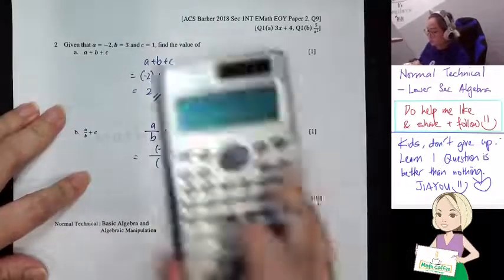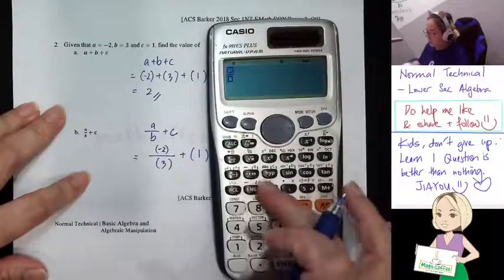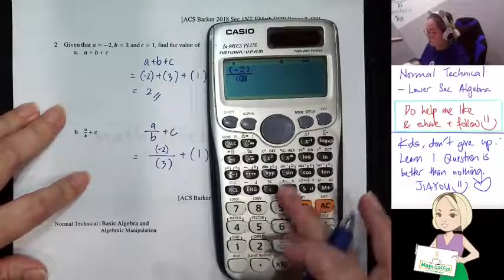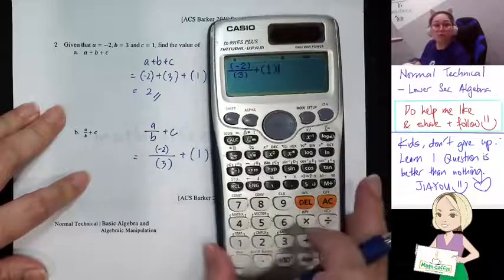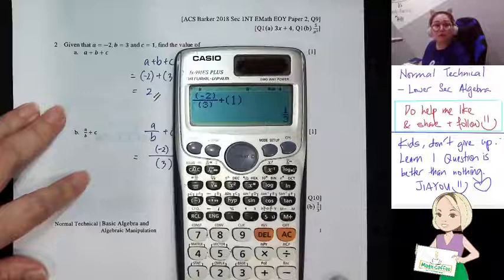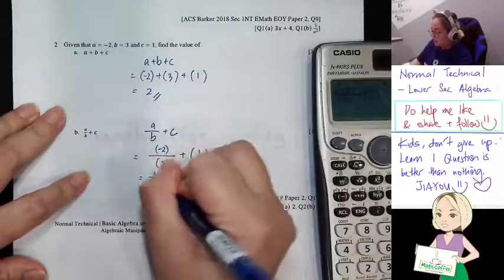Again, you can press the calculator exactly the same. Put a fraction, open bracket, -2, close bracket, bring it down, open bracket, 3 plus 1. Key in exactly the same, and then press equal, and it will give you -1/2.